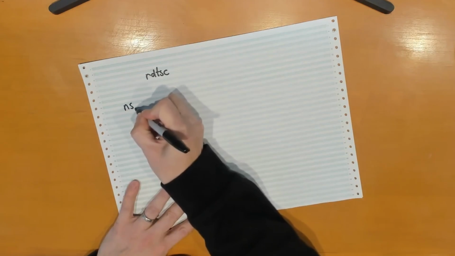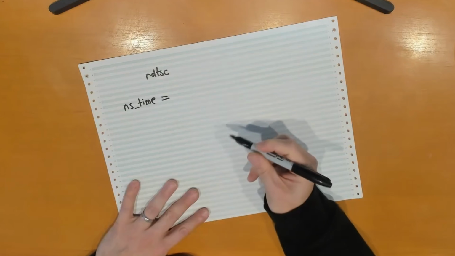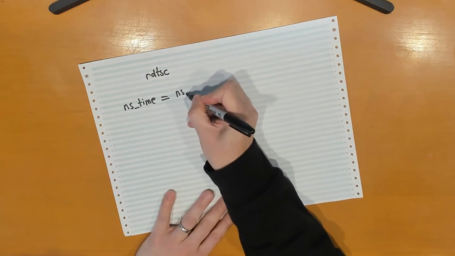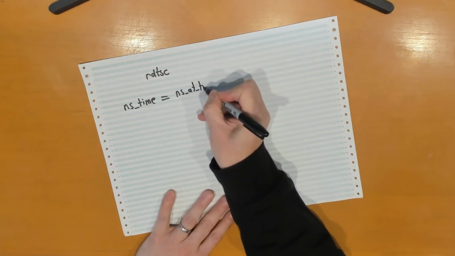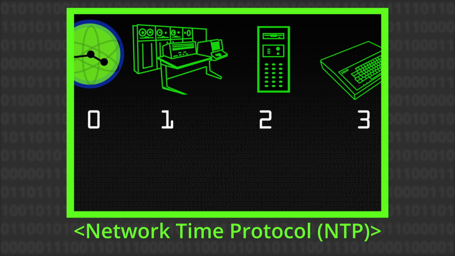So what I could do, for example, is just say that the nanosecond time is equal to however many nanoseconds since 1970 it was at boot, that we'll get from either NTP or from the clock inside the computer itself. So we're going to say NS at boot, and I'm going to slightly wave my hands about that again because there are some nice Computerphile videos that explain how NTP works.